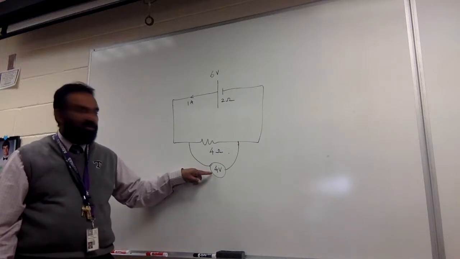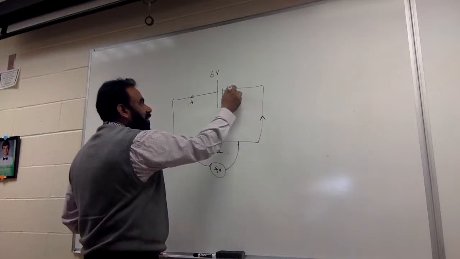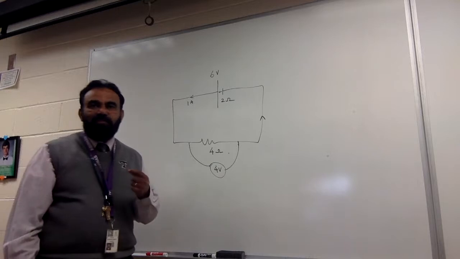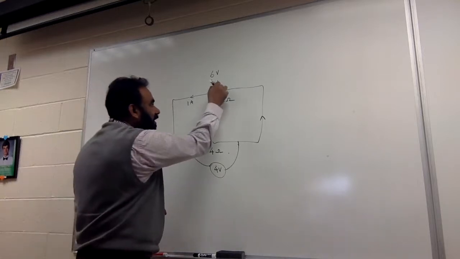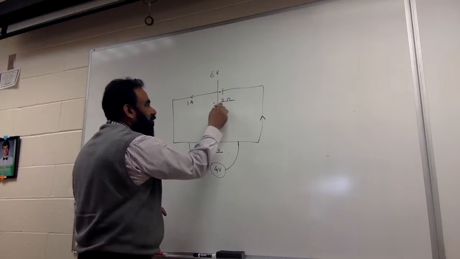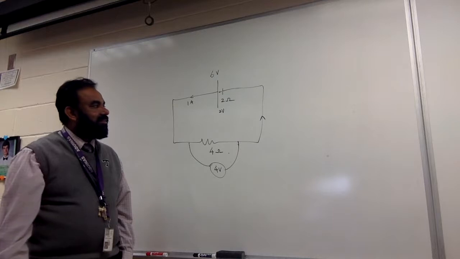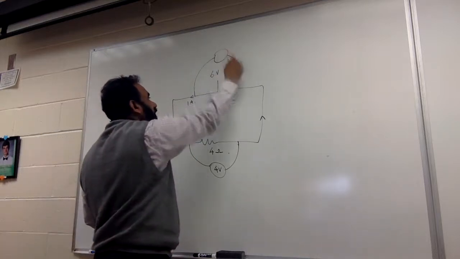Now, what happens to the current? The current is still going on. When the current flows through this resistance here of 2 ohms, how many volts will it drop? So inside here, there is a voltage drop of 2 volts. And if I put a voltmeter here to measure that, how much will it read?